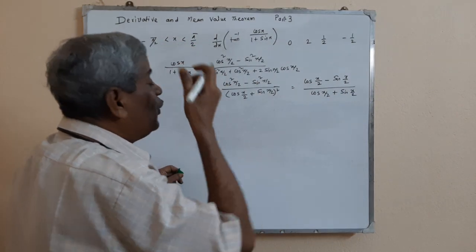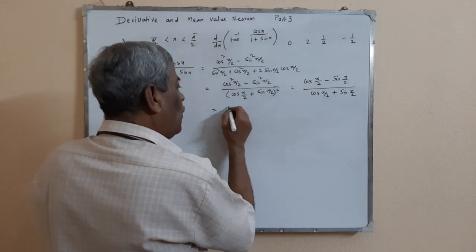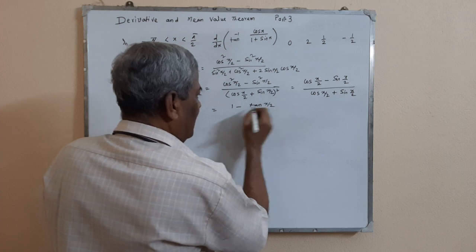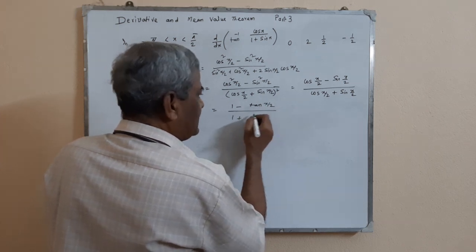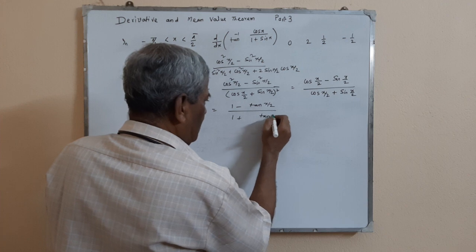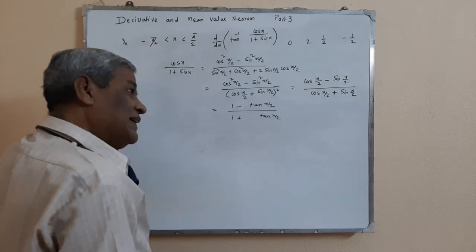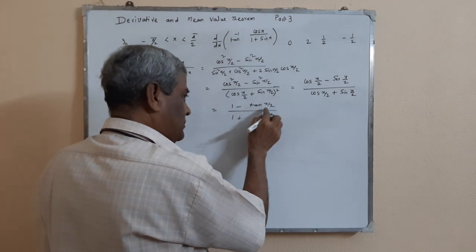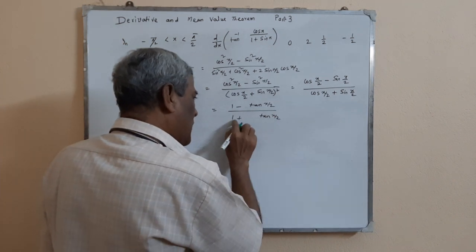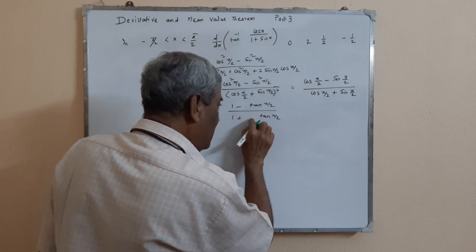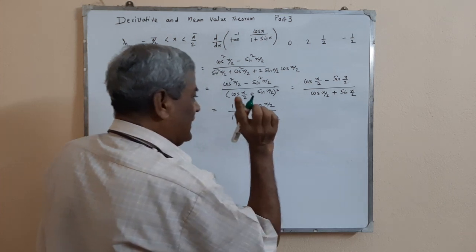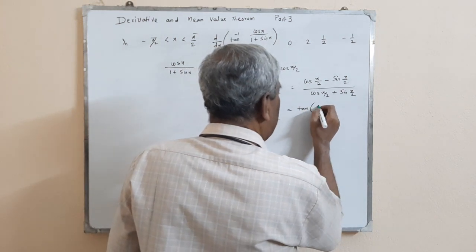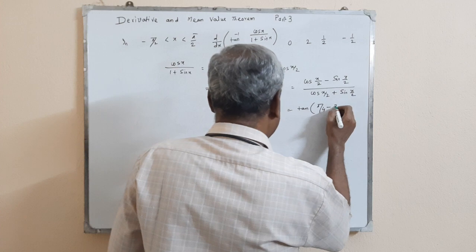Now dividing by cos x by 2, it becomes 1 minus tan x by 2 by 1 plus tan x by 2. It is equal to tan pi by 4 minus tan x by 2 by 1 plus tan pi by 4 into tan x by 2. So that it is equal to tan of pi by 4 minus x by 2.